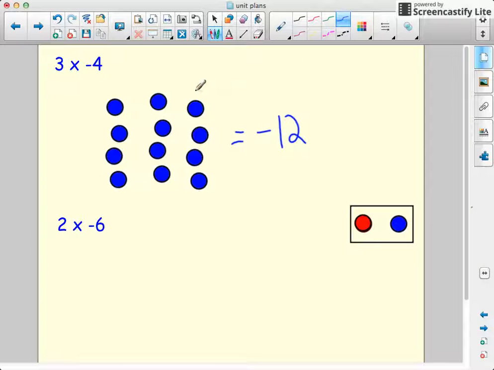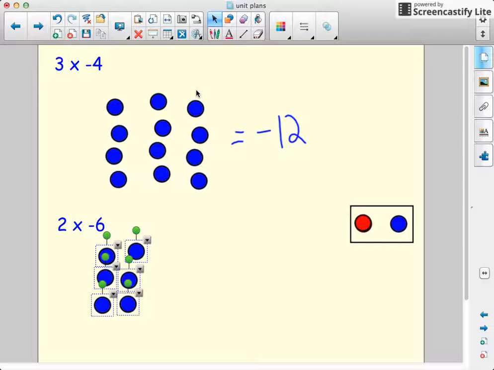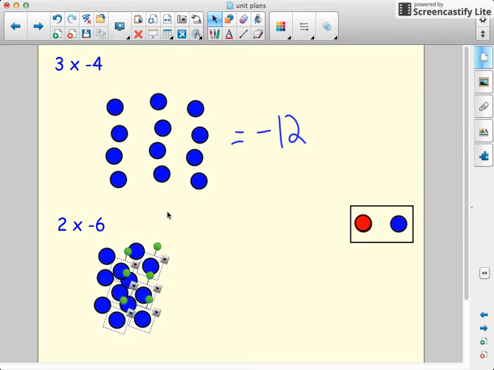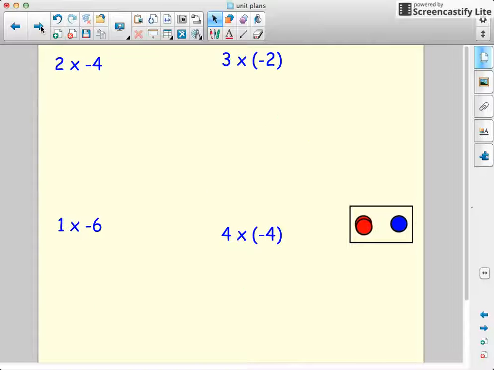12 negatives. Okay, this one at the bottom says I have 2 groups of -6. So we'll go with -6. I have 2 groups of that. So in total on this one, I have -12 as well. Okay, let's do a couple more of these.